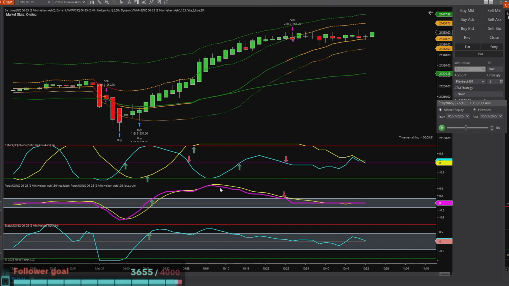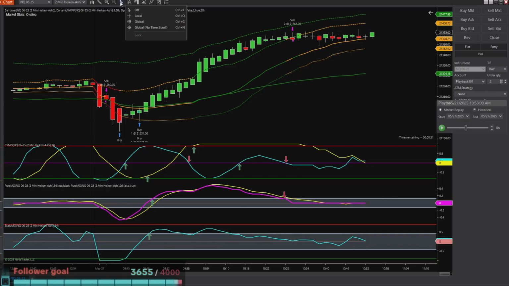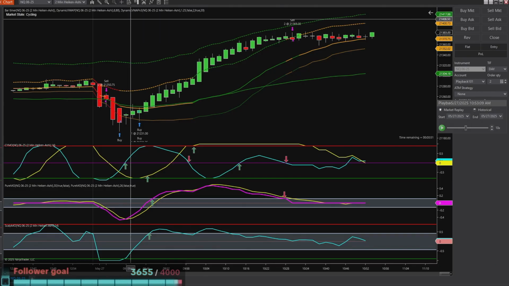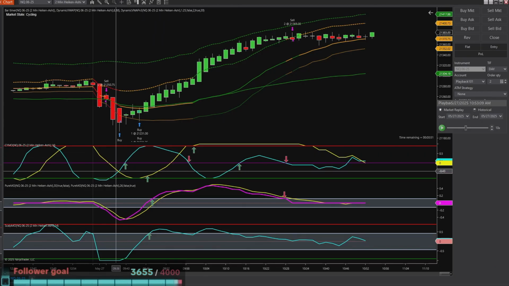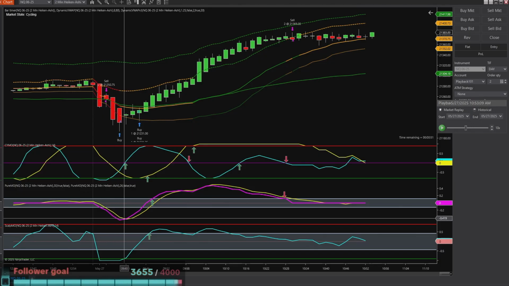PureMO has a function where if you're using it in a cyclic environment, the crossings are going to matter. For example, if you're in a cyclic rotation and price is cycling, the crossing of the purple line and yellow line is really what's going to matter.